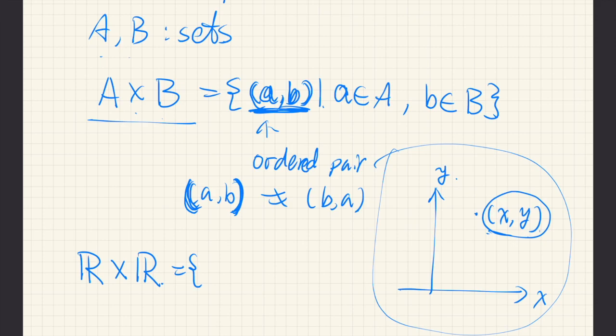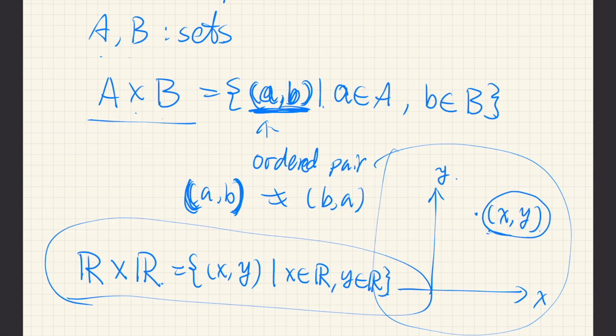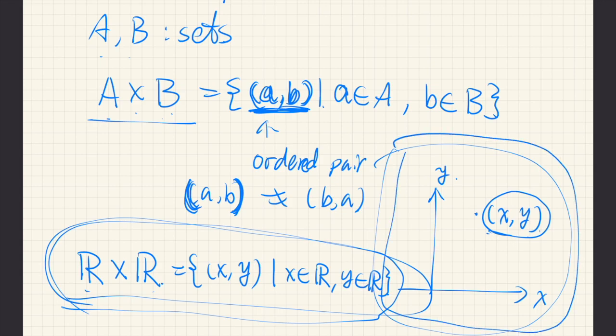This is the two-dimensional Cartesian coordinate space, where x belongs to the real numbers R, and y belongs to the real numbers. So if A and B both happen to be the set of real numbers, we have this set, which is the same as the two-dimensional Cartesian space or plane.